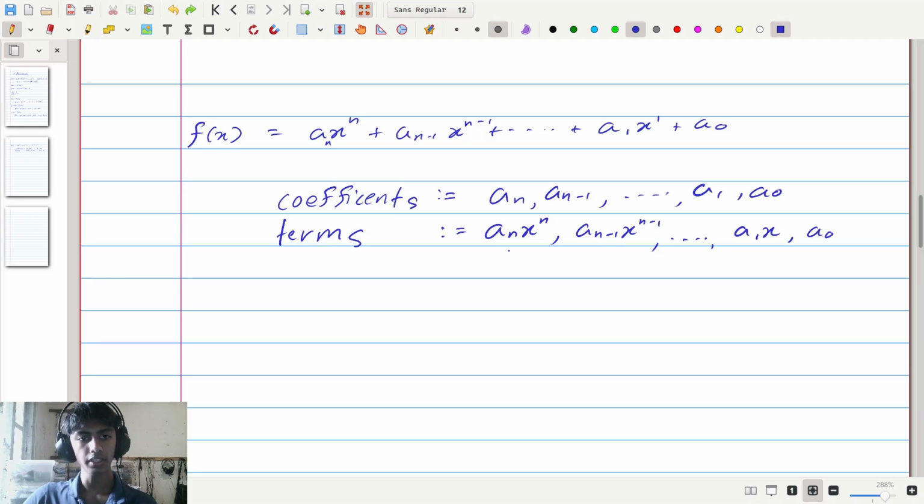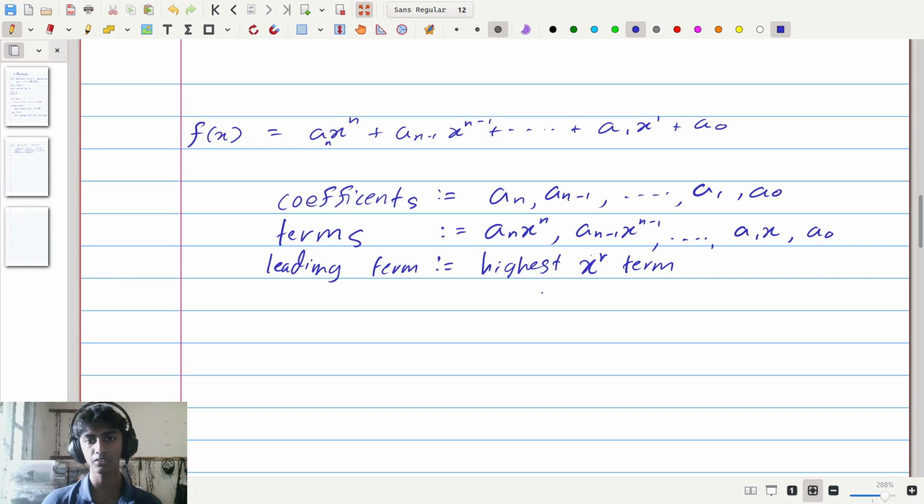There are a couple of others, like the leading term. The leading term is the highest x to the power term, so the term with the highest power of x.